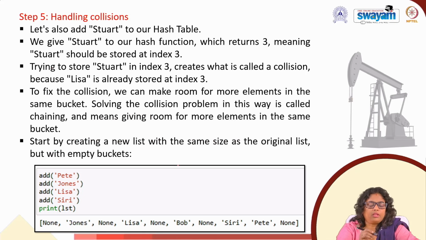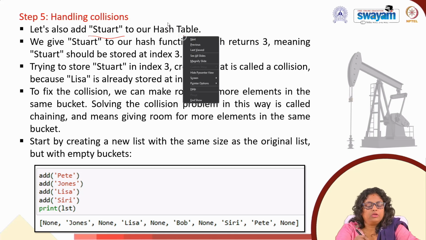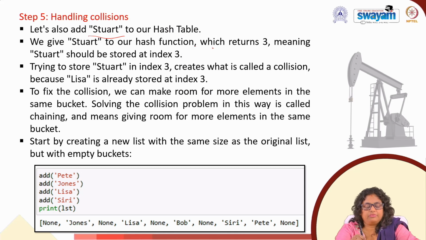Now there is a situation, how it will handle the collision. So now we have added Stuart in the hash table. We give Stuart to our hash function, which returns 3. But Lisa is already there, meaning that Stuart should be stored at index position 3.